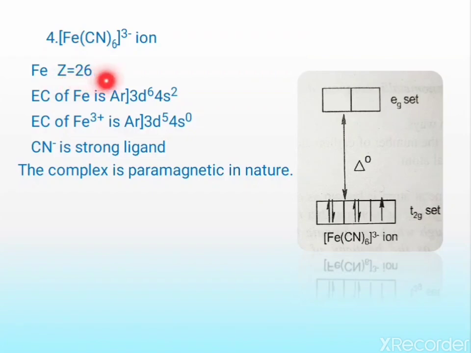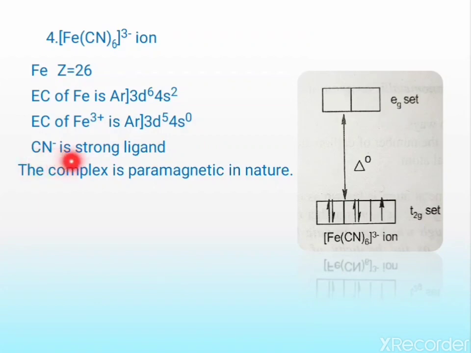The atomic number of iron is 26. The electronic configuration of iron is argon 3d6 4s2. The electronic configuration of Fe3+ is argon 3d5 4s0.